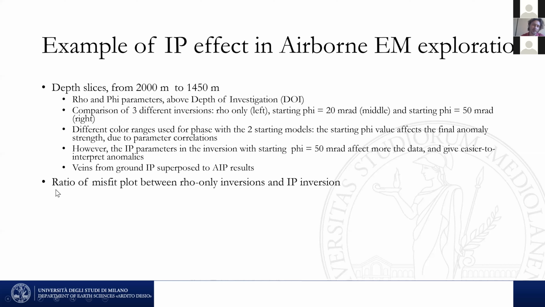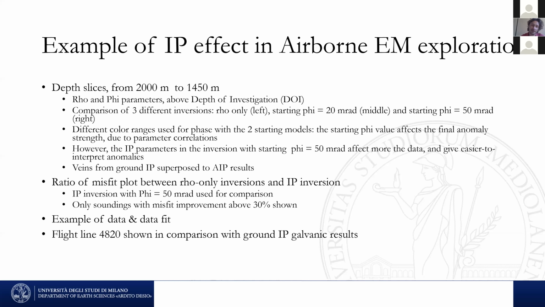Together with these slides, I'm going to show also a ratio of misfit: misfit if we invert only with resistivity, divided by misfit when we take also IP into account. And I'm going to show some examples of data fit, and also a comparison of the airborne EM results and the galvanic ground-based results.